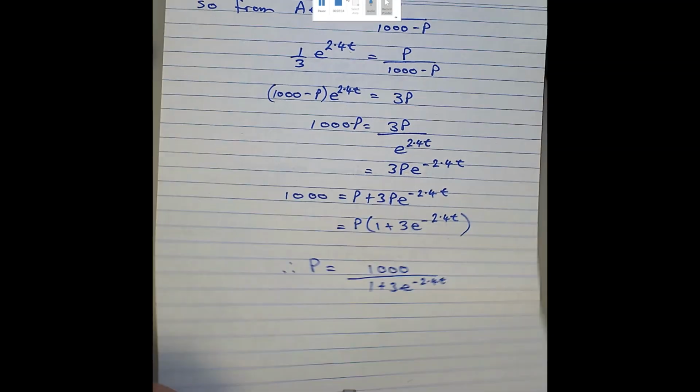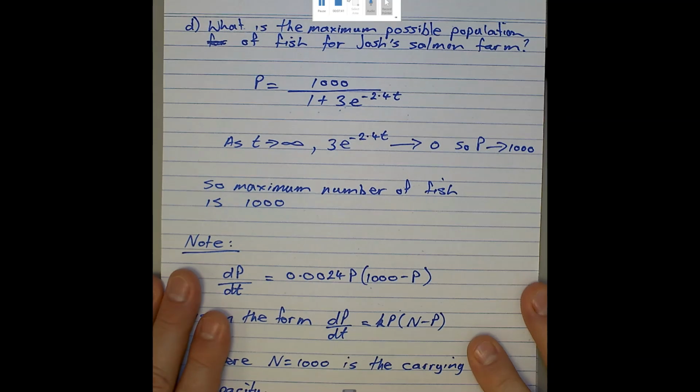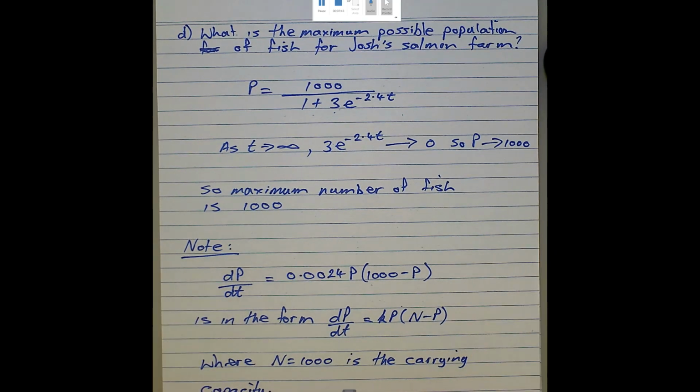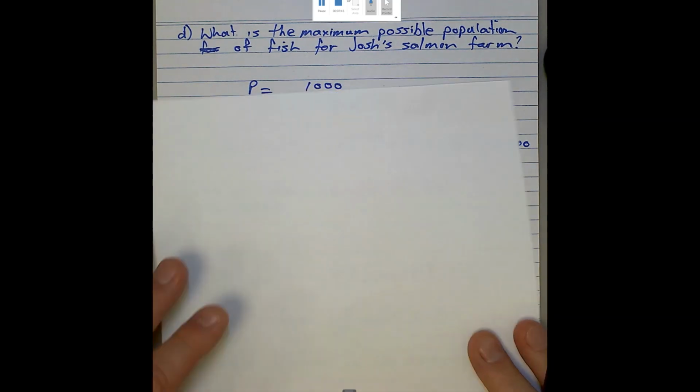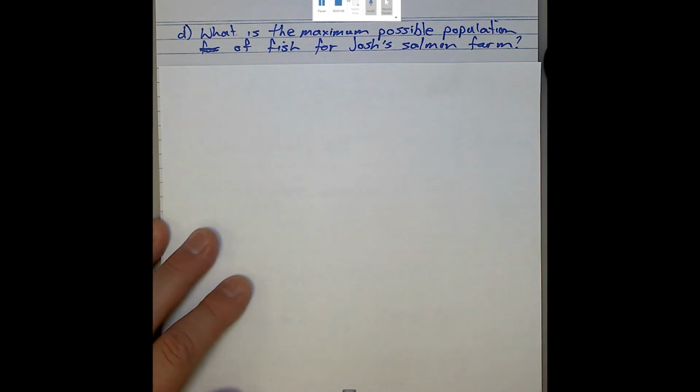Before I go any further, part C is very straightforward, and I think you can read through the textbook to see how to solve part C, but I did want to have a quick look at part D. Part D says, what is the maximum possible population of fish for Josh's salmon farm?